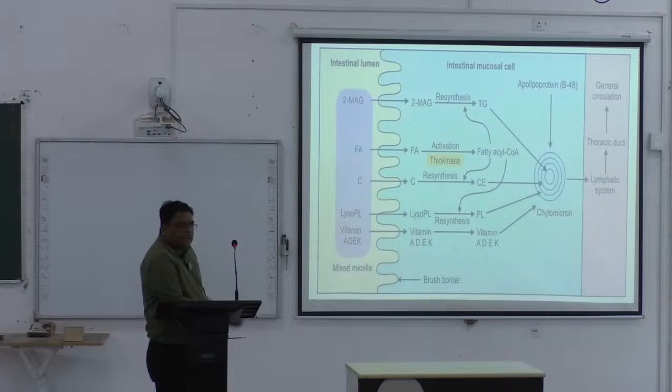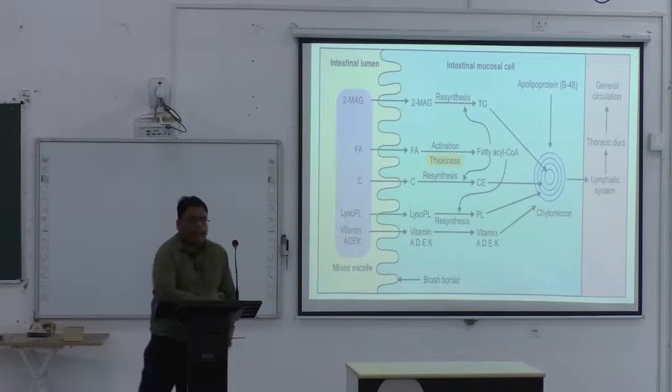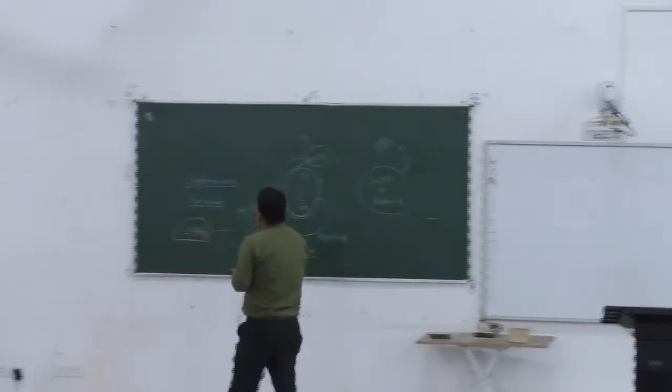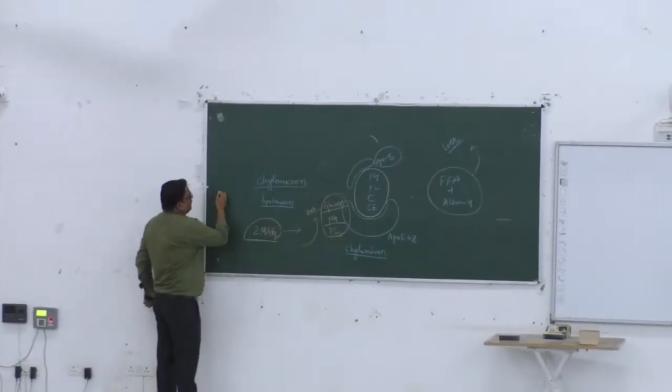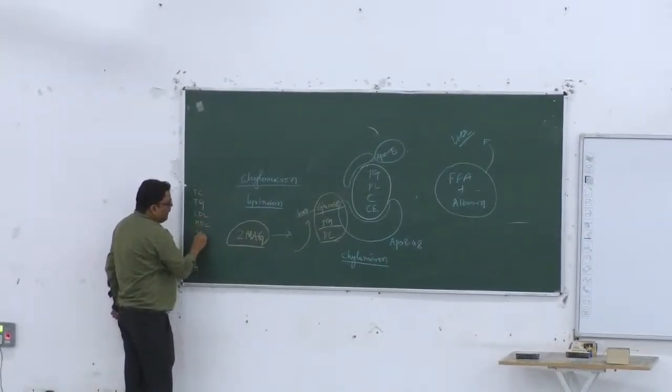But the question is, how are these fat molecules present in our blood generally? If we investigate a report called the lipid profile, we see cholesterol, triglyceride, and LDL, HDL, VLDL.